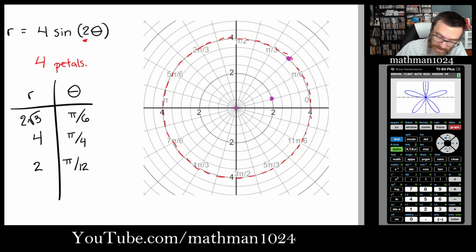If I did 5 pi over 12, so angling out this way, 5 pi over 12 times 2 is 5 pi over 6. You still get 1/2, and 1/2 times 4 is 2. So right here, we're out at 2.